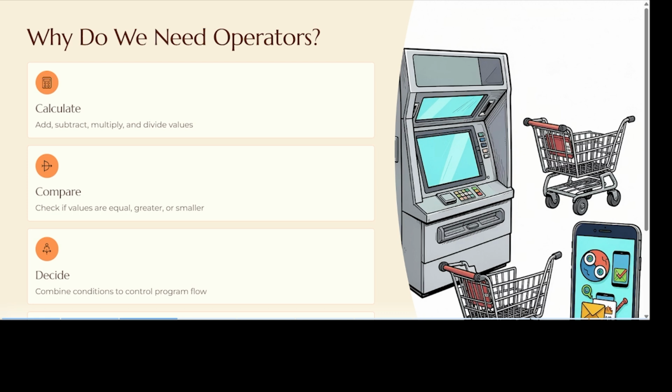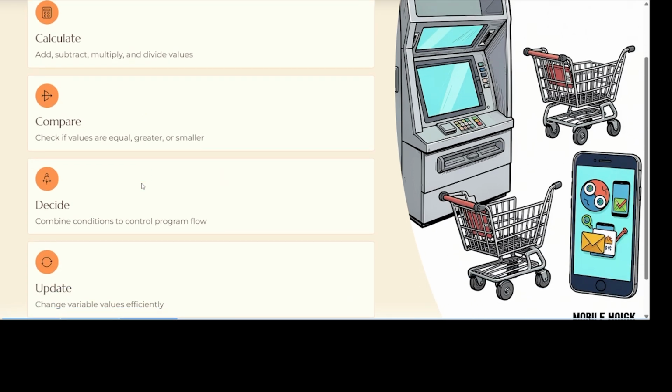For example, imagine you are withdrawing money from an ATM. Operators help the system perform several tasks. The ATM calculates the remaining money after withdrawing, automatically. Then comparing: the ATM compares whether your account balance is greater than the withdrawal amount. Then deciding: based on the comparison result, the ATM decides whether to allow or reject the transaction.